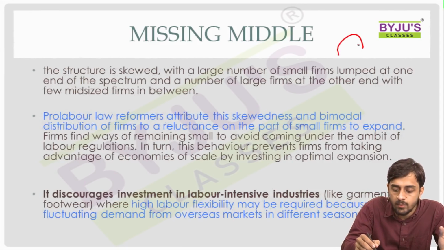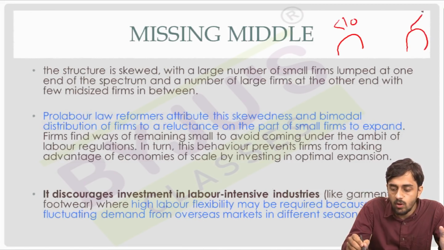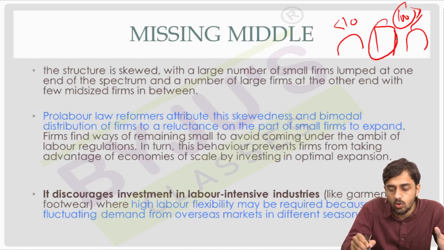So on the one hand, a large number of manufacturing units in India employ less than 10 workers, and a few of them employ more than 100 workers. So we see that there is no middle ground here, that the growth of middle level industries is totally ruled out.